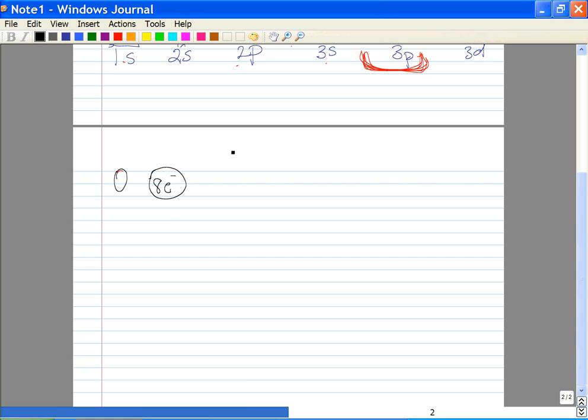And so to write the electron configuration for oxygen, it is 1s2, 2s2, 2p4. So that's 8 electrons total. To write the orbital diagram notation for oxygen, we start off with our boxes of all the allowed orbital energy levels.